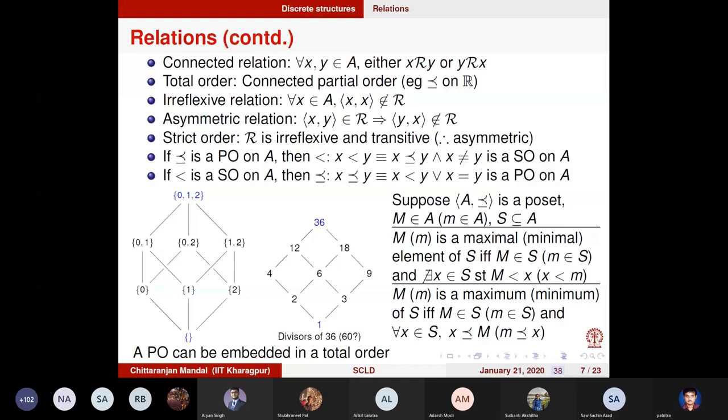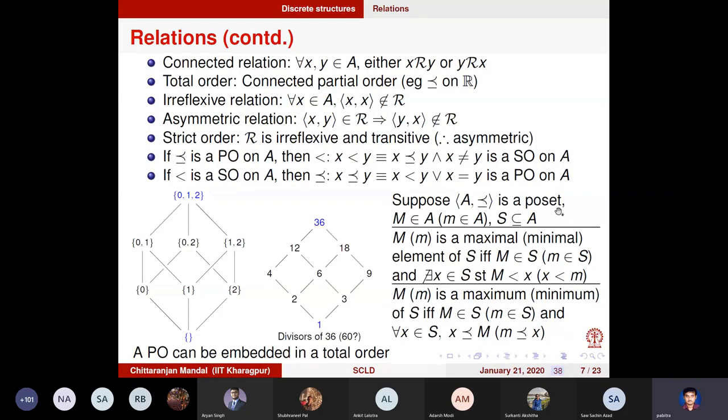Now we define one more thing. If we have a partial order relation, let's say this, I call it less than or equal to, and I have a set A over which this partial order relation is defined. This pair, the set A and the partial order relation defined on it, together is called a poset.